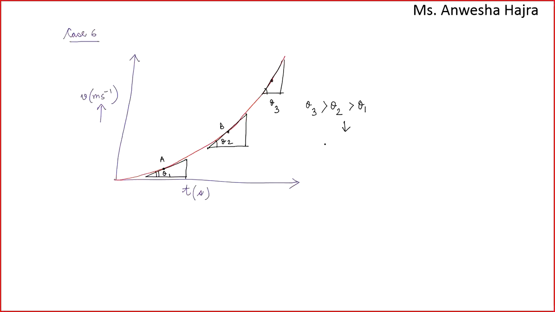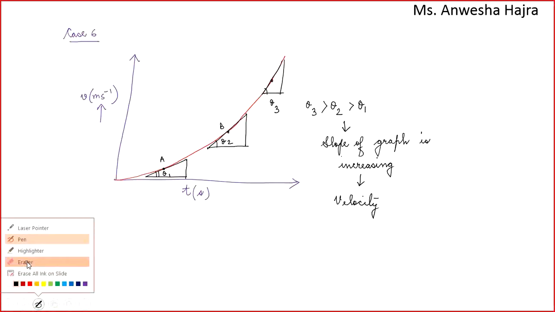So what happens? Slope is increasing. Slope of graph is increasing. What does the slope give us? The slope gives us velocity. So we can say velocity is increasing. Sorry, the slope here gives us acceleration.